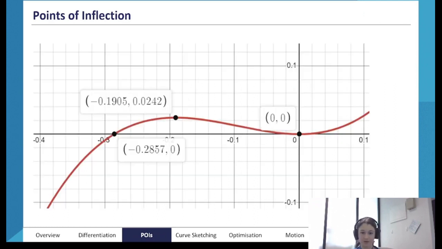Okay, this is just a quick photo of what that curve actually looks like at the interesting points. As you can see here, our curve is concave down. Then at around this negative 0.1 mark, which is the approximate value of negative 2 on 21, there's this point of inflection, and now the curve is concave up.